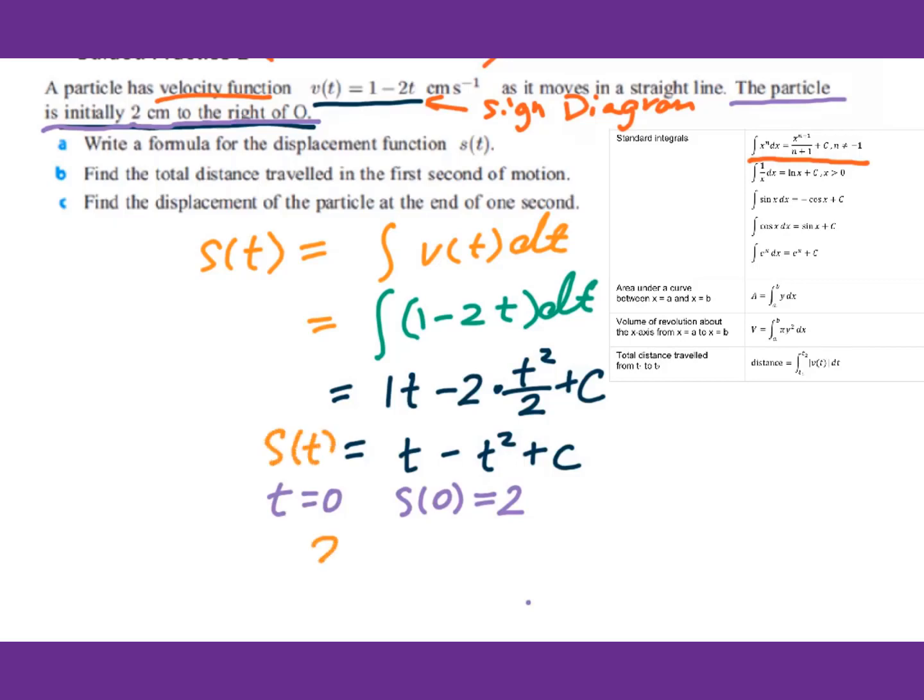You will get 2 equals 0 minus 0 squared plus c. Therefore, c equals 2. In other words, I can find the displacement function that equals t minus t squared plus 2.